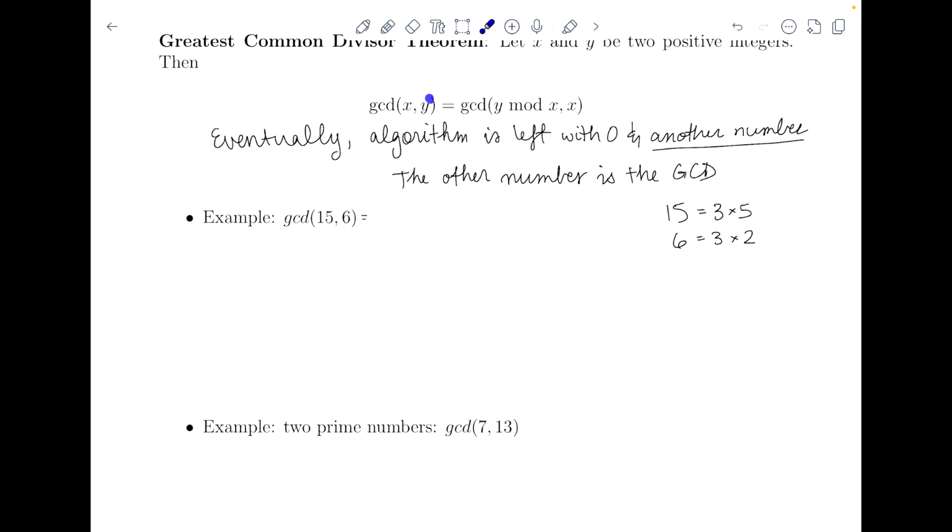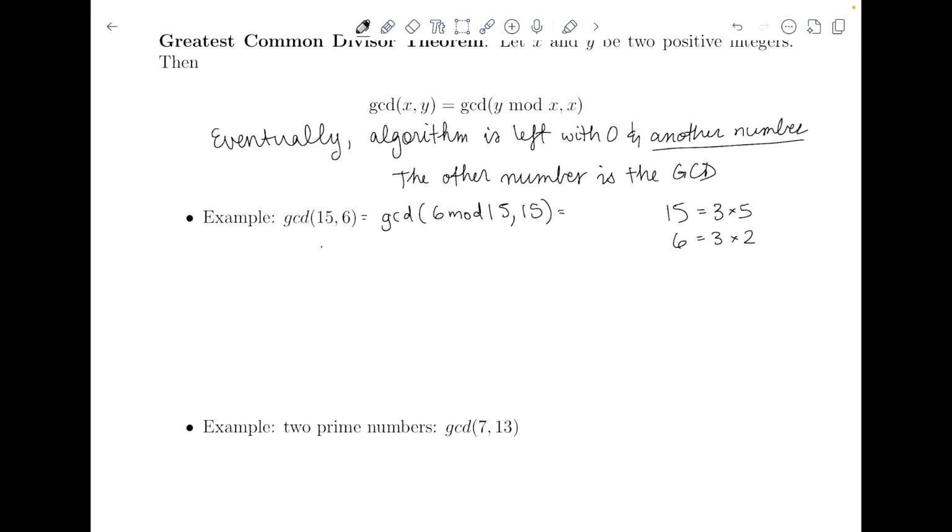The first thing is I'm going to do this kind of flip where I take that second number and push it into the first position because it's y mod x. So this ends up being GCD of 6 mod 15 and 15, which is a little bit silly because it's just 6.